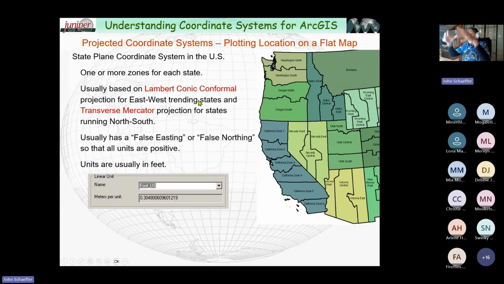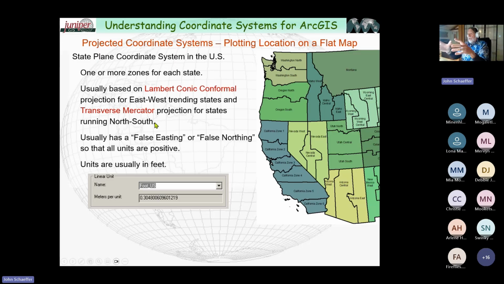So remember, the conic, that's the cone that comes down, placed over the globe, and you've got a true line going east-west around the globe. So if something's longer east-west, like Oregon is, where I live, then we would use that Lambert conic conformal. And we use transverse Mercator for projection for states running north-south.